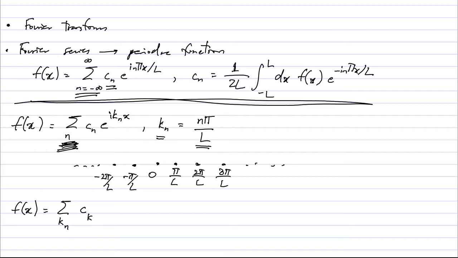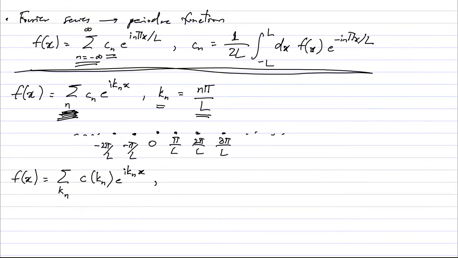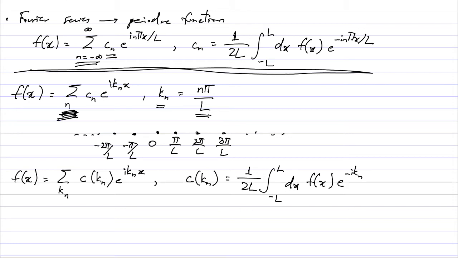So I'll be writing c of k_n. We also have that c of k_n is given by 1 over 2L, integral from minus L to L dx f of x e raised to minus i k_n x. Until now, just a nifty change in notation.